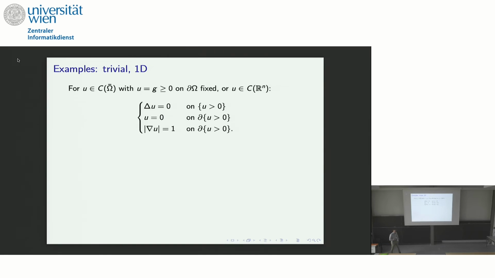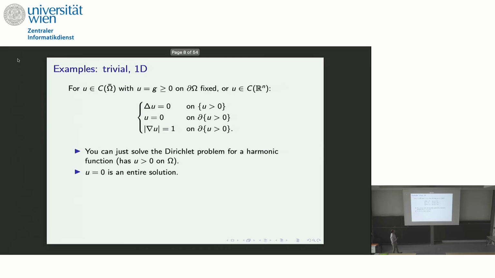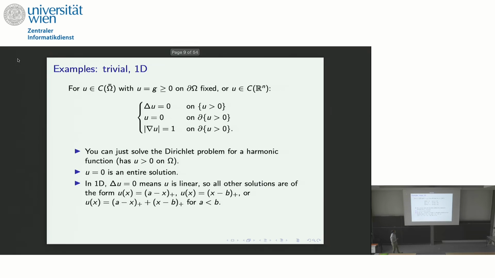So let's look at some examples of solutions. I'm going to show you a bunch of examples to see how we feel about classical solutions and other kinds of solutions and which ones we should really be using. Let's start with some trivial examples, like the zero solution and so on. Let's look at the 1D solutions. Xavi already showed you the 1D solutions.